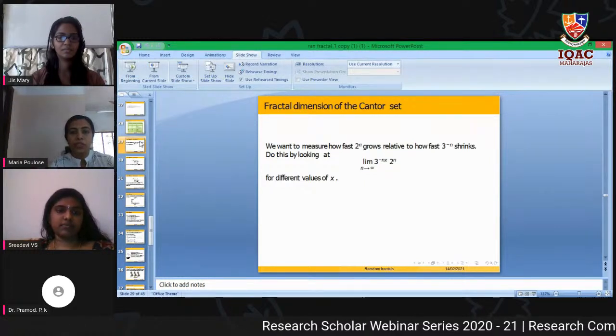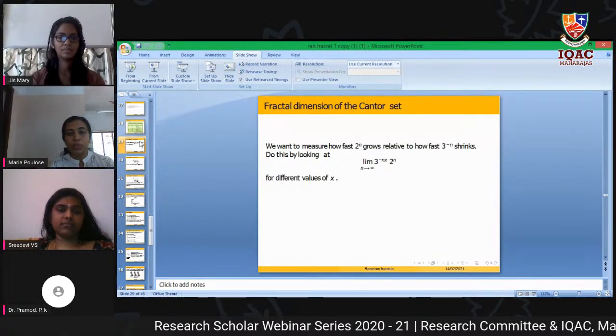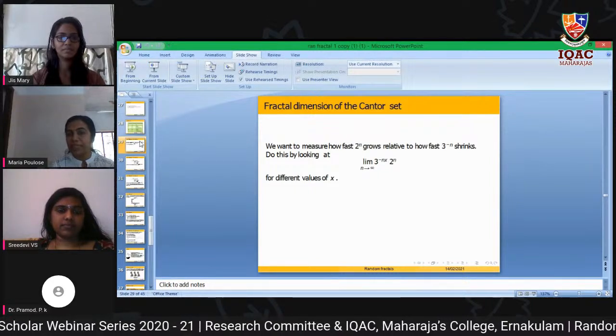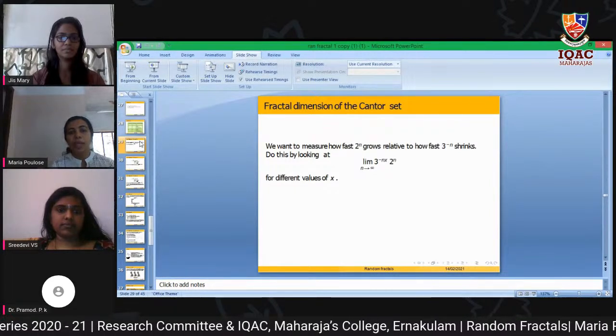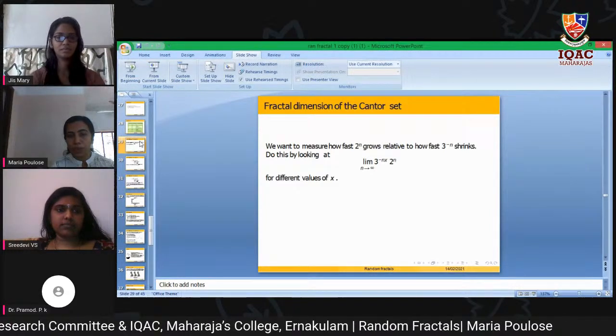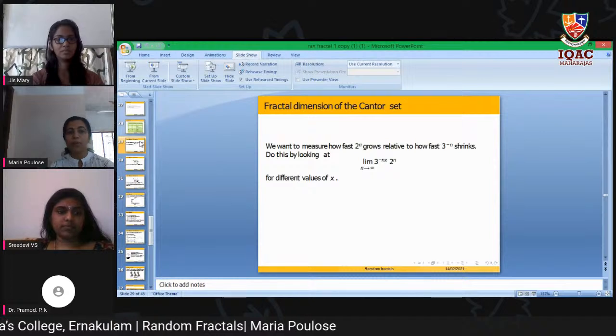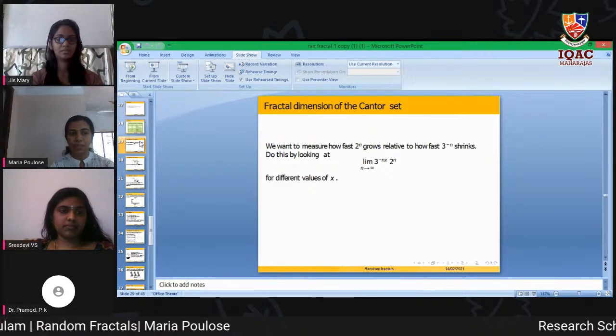We want to measure how fast 2 raised to n grows relative to how fast 3 raised to minus n shrinks. We do this by looking at the limit as n tends to infinity of 3 raised to minus nx times 2 raised to n for different values of x.